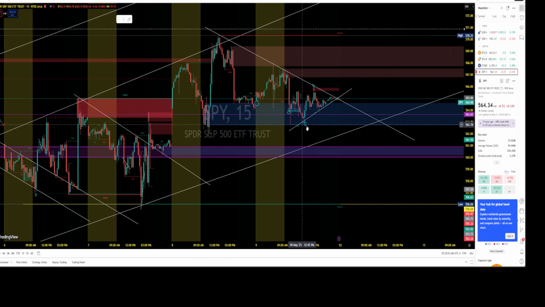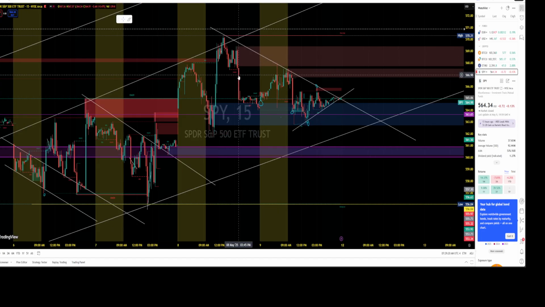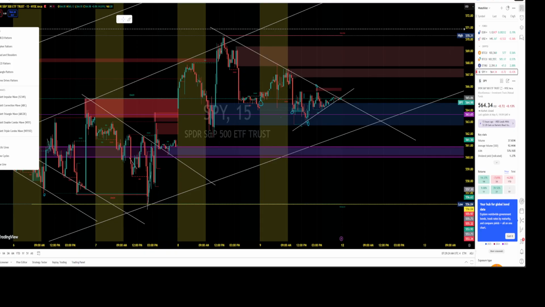However, the bears got rejected before that. So what happened? It comes down, they try to break it one more time, and then they tested the lows of the day, and that is where they found some bulls, and they tried to take the market up. But look at this structure right now. Let me make this structure for you.